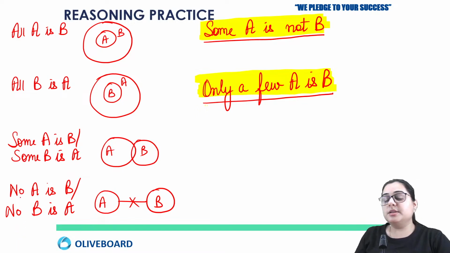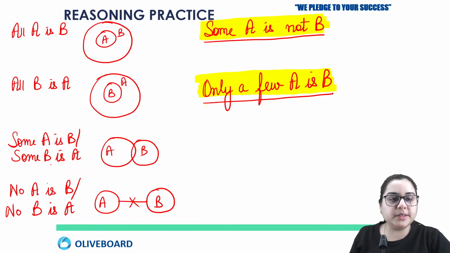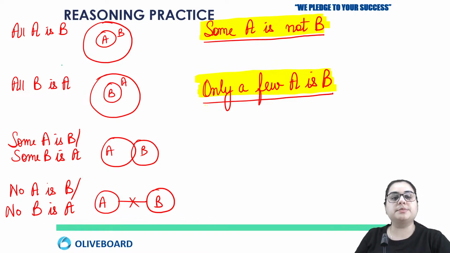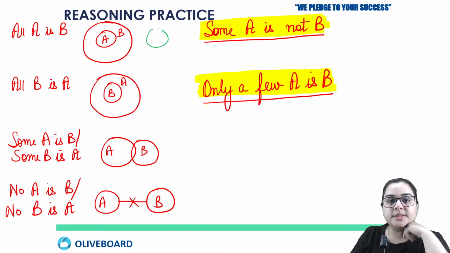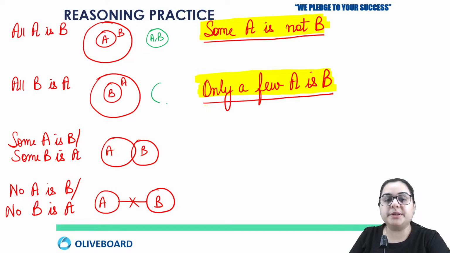Actually, in all these diagrams, first I would like to discuss all A is B, all B is A, and some A is B. Now when he says all A is B, there is one more diagram that is possible, the diagram of overlapping. The same happens here also.